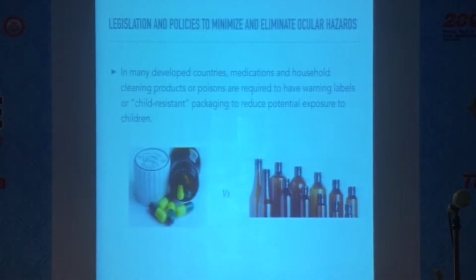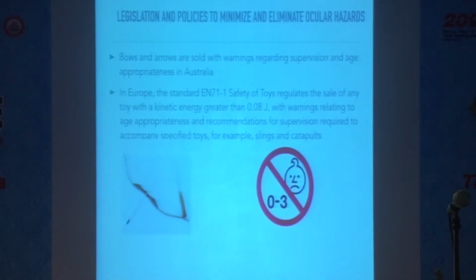In many developed countries, medications and household cleaning products now have child-resistant packaging, and sometimes I'm sure you must have struggled opening a bottle for your grandpa. In India, this is yet to come. We still have many medications coming in bottles which carry a risk of chemical injury, and that's something which can be done. Again, as Dr. Grover rightly said, bow and arrow injuries are very common in the Indian scenario.